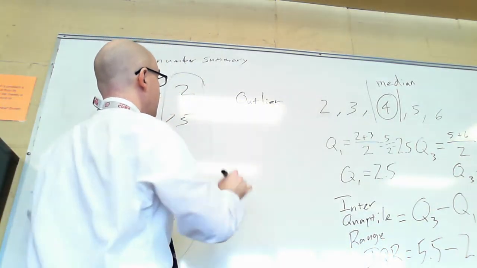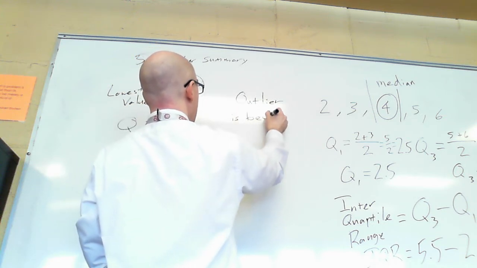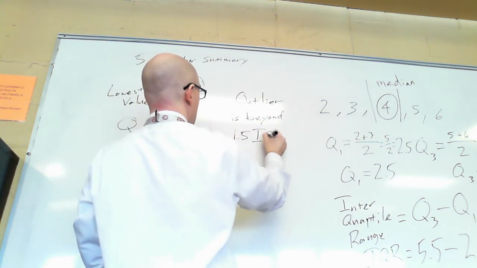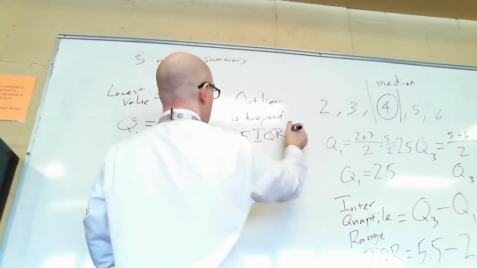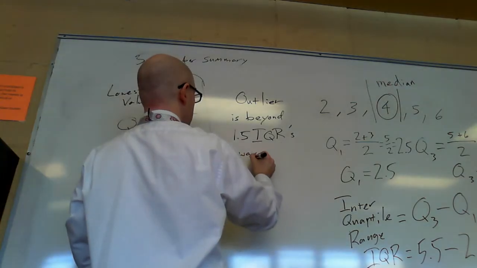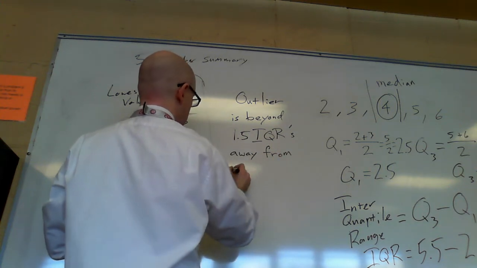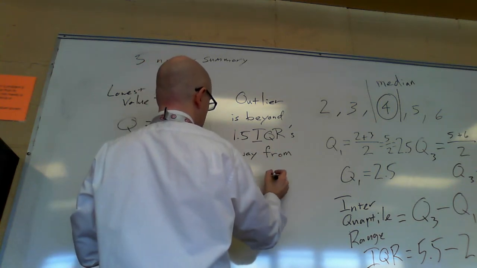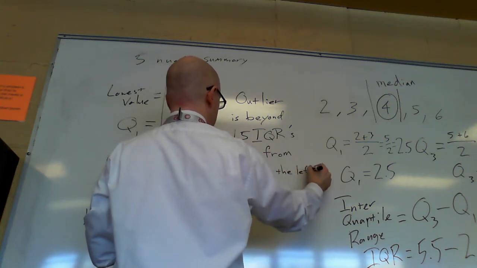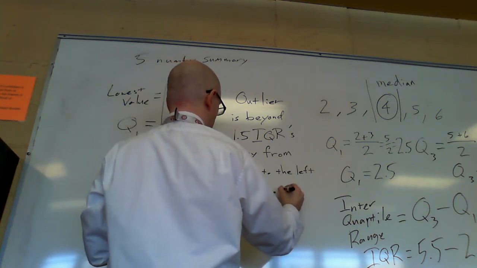We're going to say that an outlier is beyond 1.5 interquartile ranges away from quartile 1, to the left or negative, or quartile 3 to the right or positive.